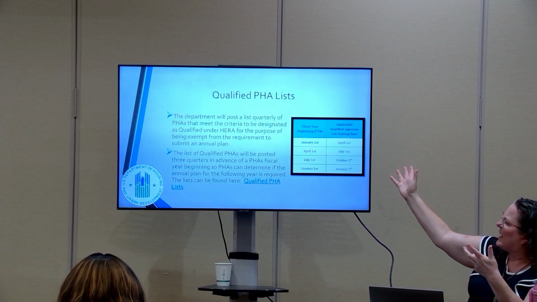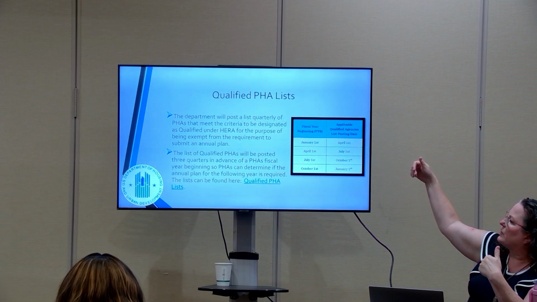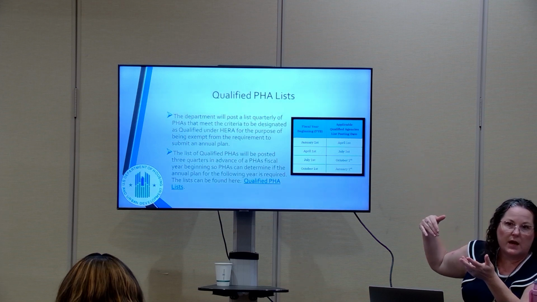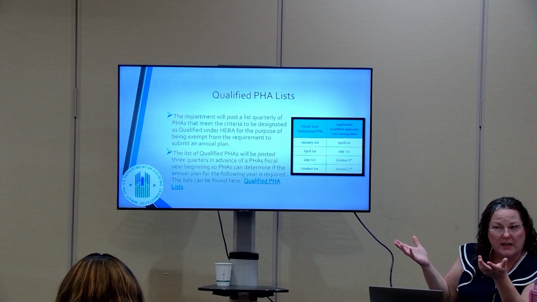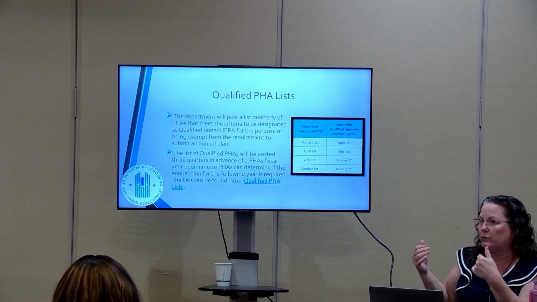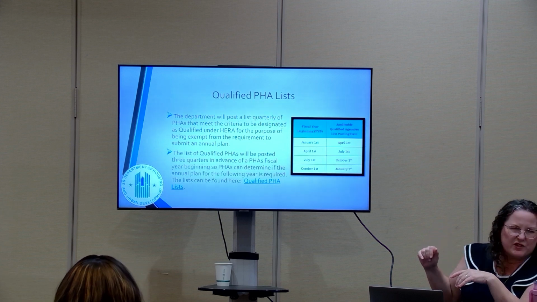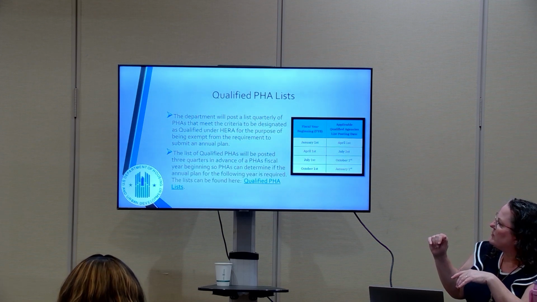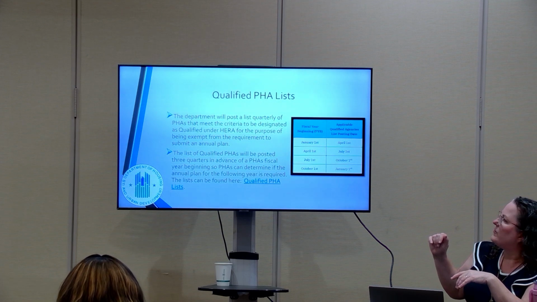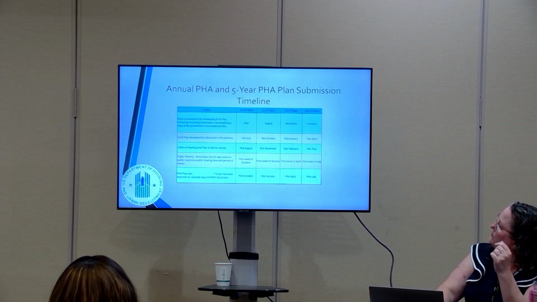But this is the schedule of when you would find out if you're on the qualified list or not. So if you think you're supposed to be on it and you're not, the system's probably not going to let you use qualified at that point. So I don't know if there's an appeal process or not. You'd have to probably reach out to the field office director or the public housing director.